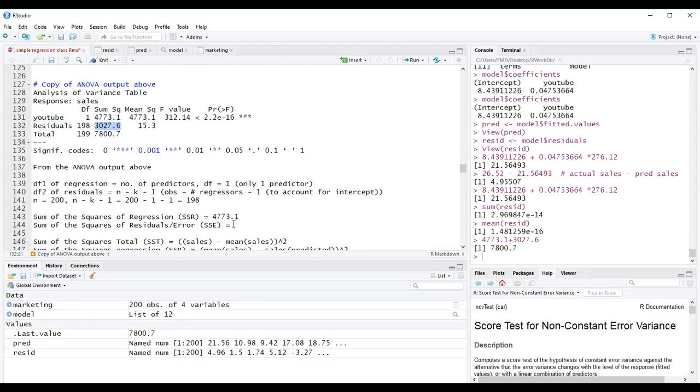Control C, Control V. Okay, and last, sum of the squares of total is equal to SST, which is equal to SSR plus SSE.